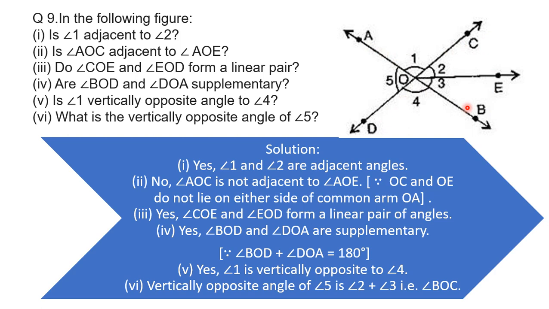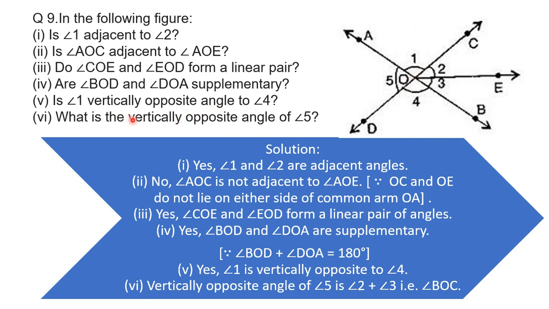Imagine AB and CD, these are the two lines intersecting at point O. That means they are forming the letter X. So they are forming vertically opposite angles, angle 1 and 4, and we know that vertically opposite angles are equal. So we can say 1 and 4 are equal, and yes, 1 and 4 are vertically opposite angles.